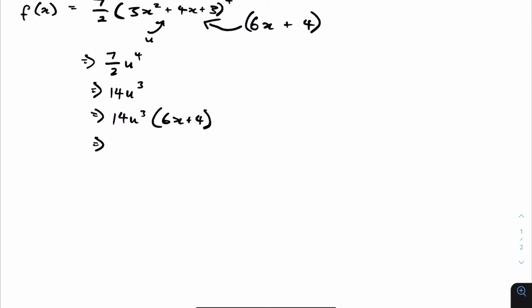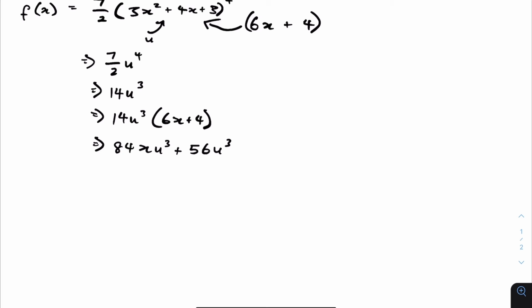So that would become 64, no, not 64, sorry. You have to do 14 times 6, which is 84. 84xu cubed plus, and then 14 times 4, which is just 56. 56u cubed.